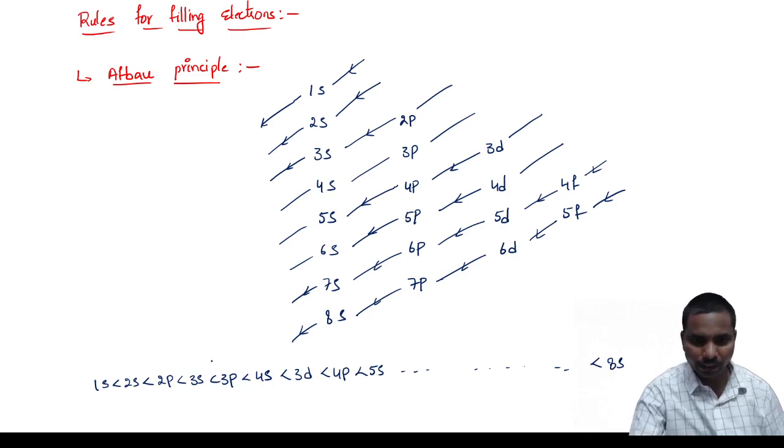Note this point here about orbitals. What are the orbitals we have? S orbital, P orbital, D orbital, F orbital. Orbitals are filled in the order of their increasing energy levels.